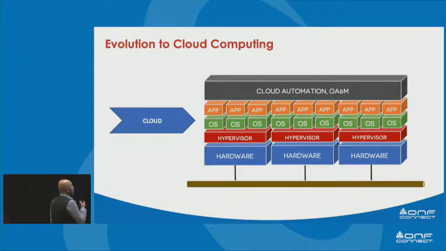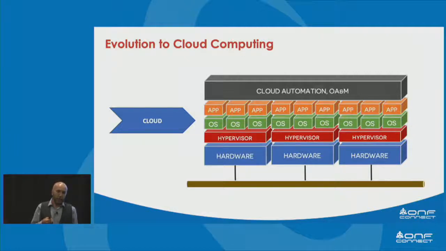Then this took us to cloud. In a cloud architecture, we have a pool of hardware, and on it sits a large number of applications, and we have a cloud automation platform.